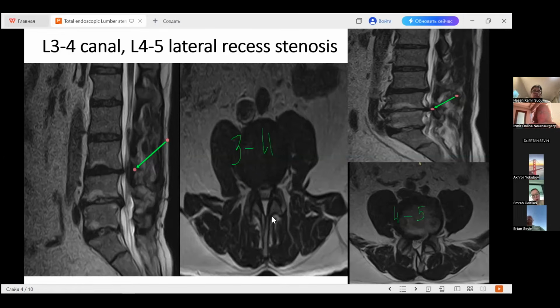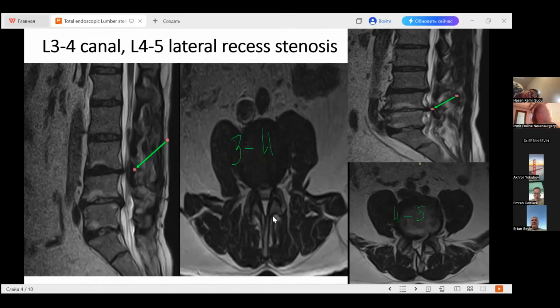My plan is a left approach, because right and left are the same lamina. Sometimes the spinous process is tilted to the right, sometimes to the left. If it is tilted to the right, the left side approach is better. If it is tilted to the left, the right side approach is better, because on that side we have more space on the lamina.